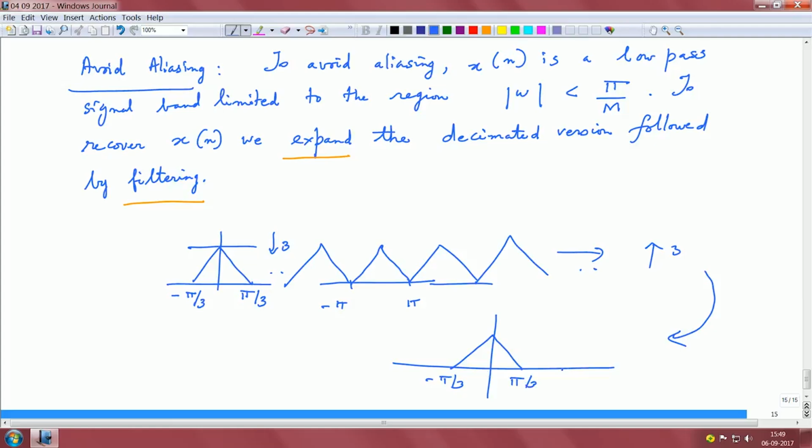The same thing happens for the rest of the cases, and this is at 0 and this is at 2 pi, and so on.